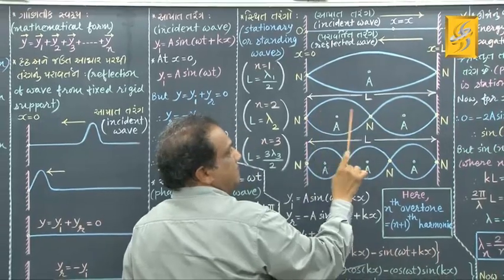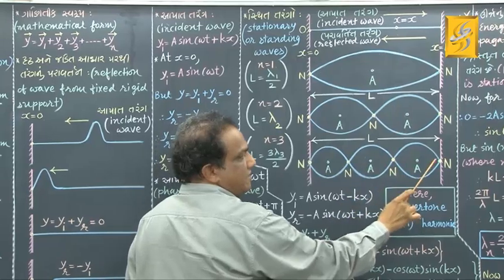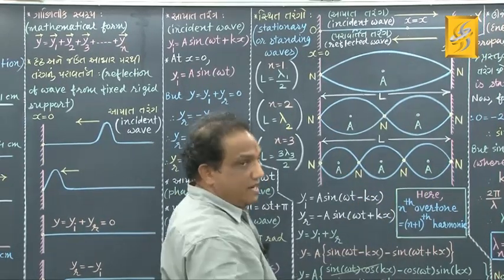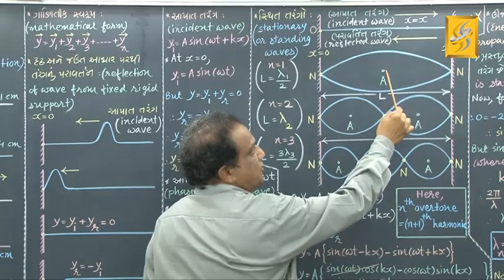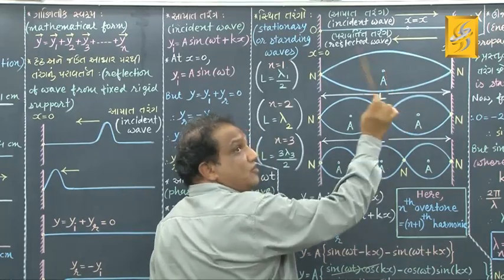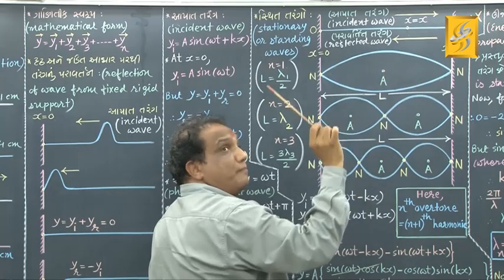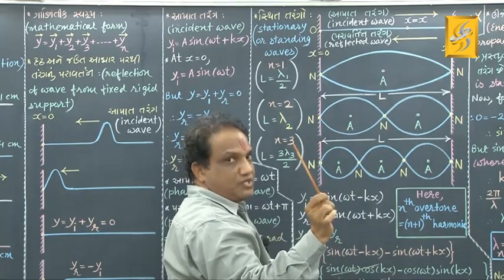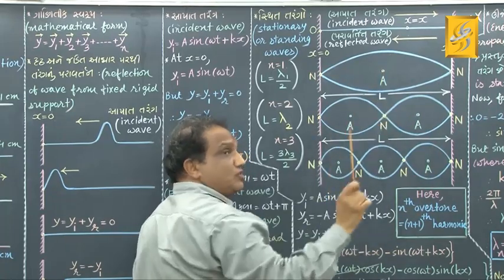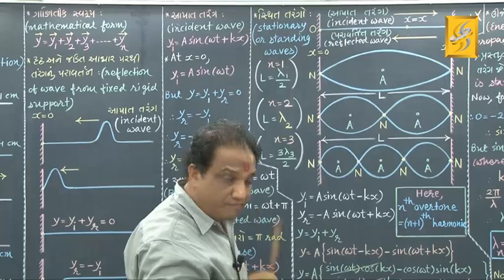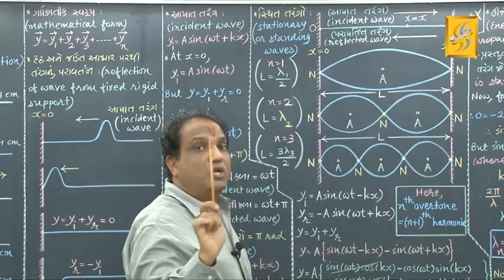Here also N, N, N, N, N, N, N. Got it? And then you can see in the same diagram, there are certain positions along the length of the string where the particles have maximum amplitude during their oscillation, and those positions at which the amplitude of oscillation of the particle is maximum are called antinodal points, or shortly antinodes.